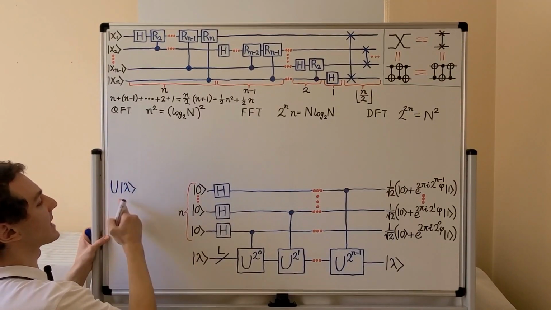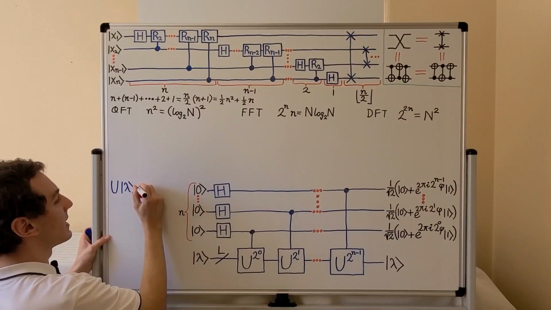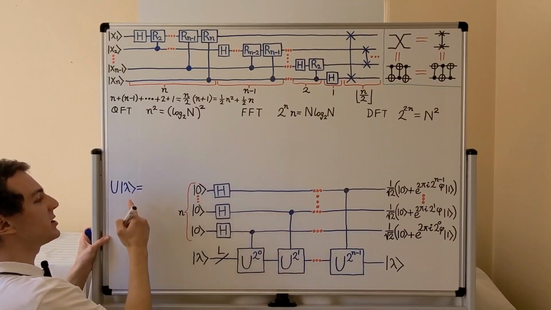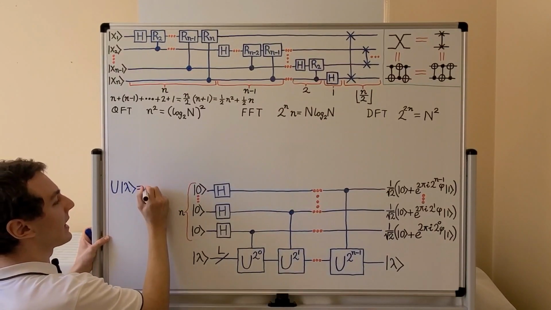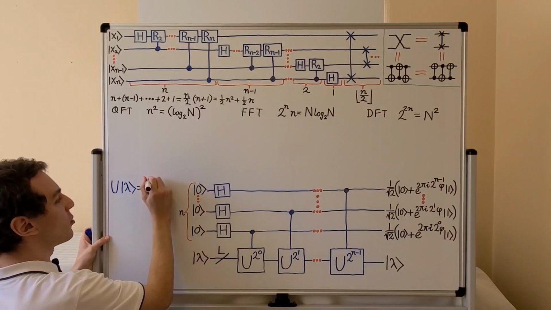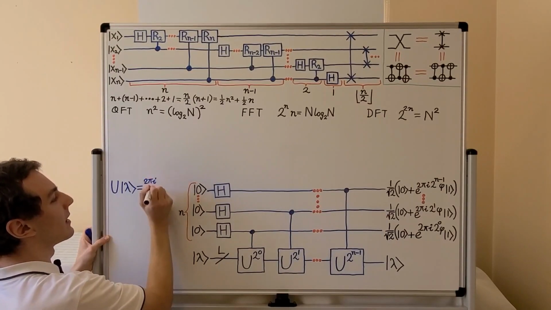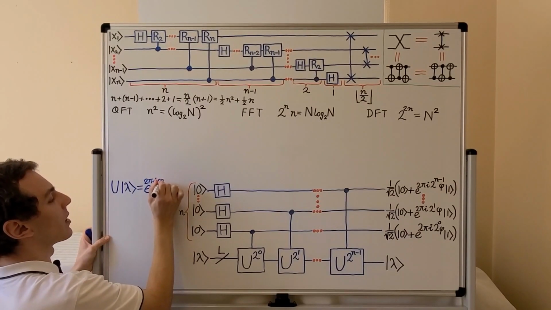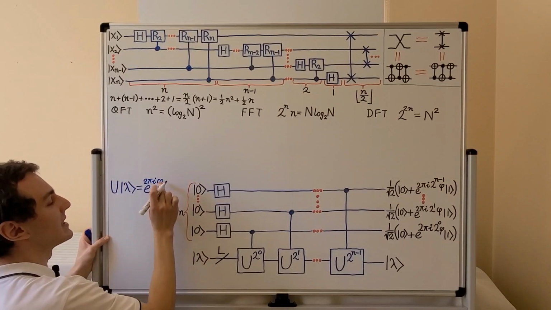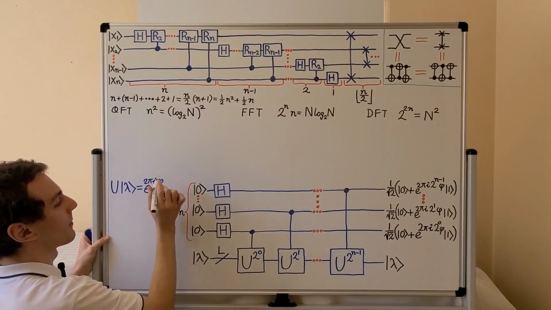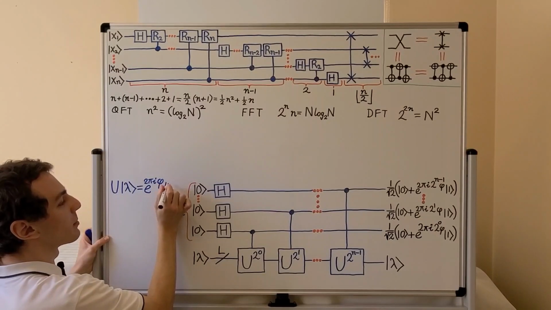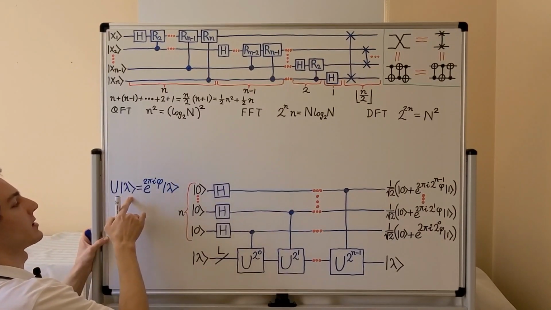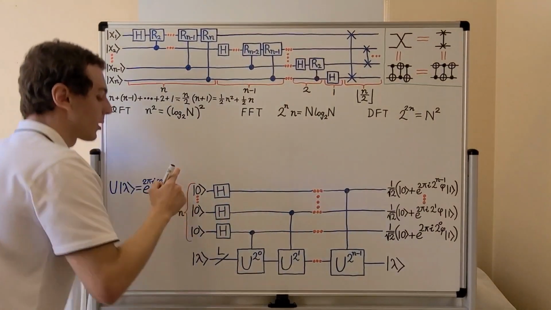Lambda is the label for this eigenstate. And the eigenvalue associated with this eigenstate is e to the 2 pi i phi. So phi is part of this phase factor. This eigenvalue multiplies the eigenstate lambda when U acts on it. So this is an eigenvalue equation.